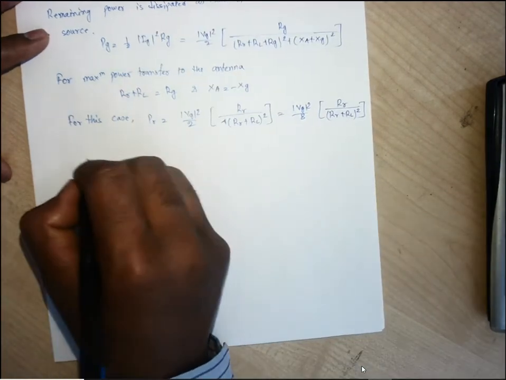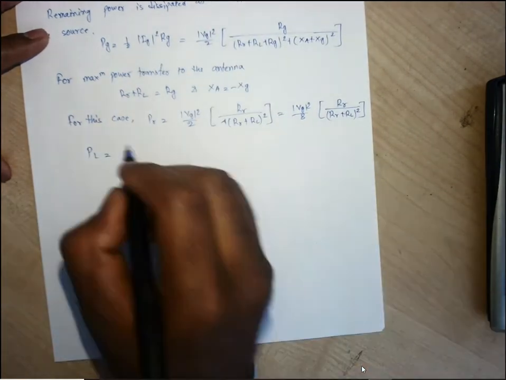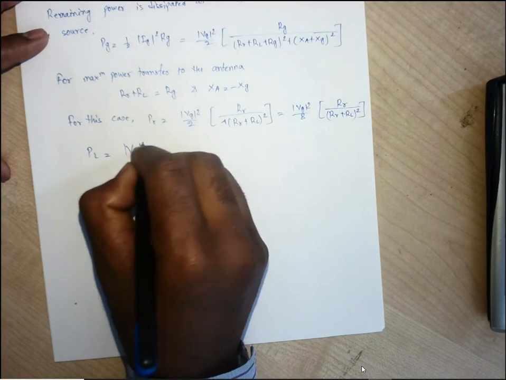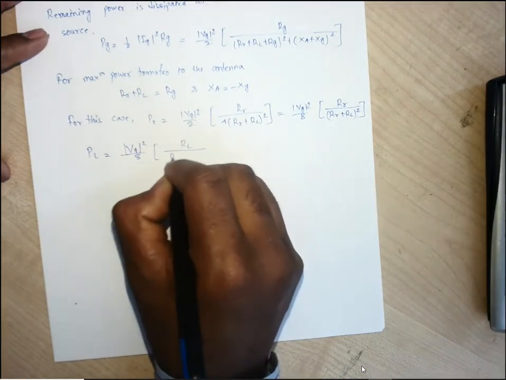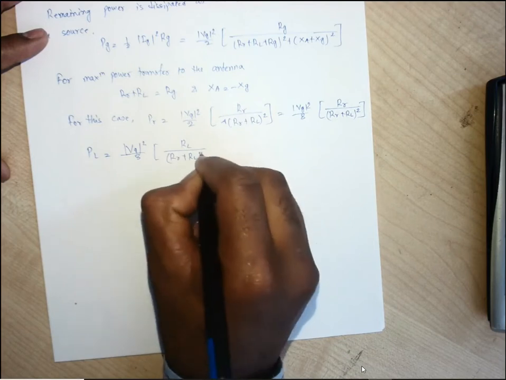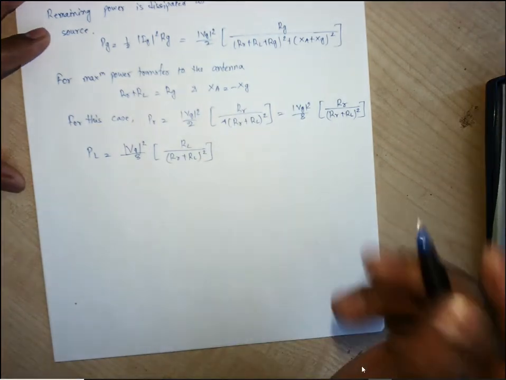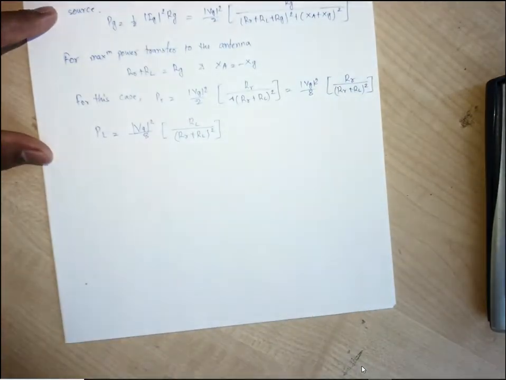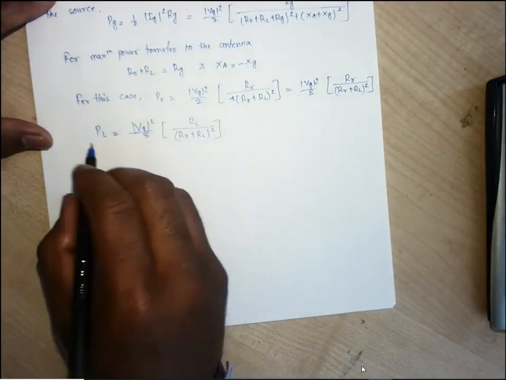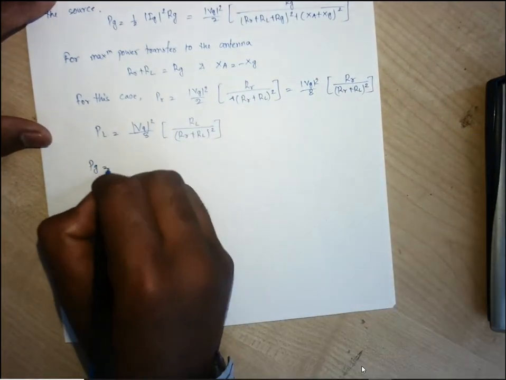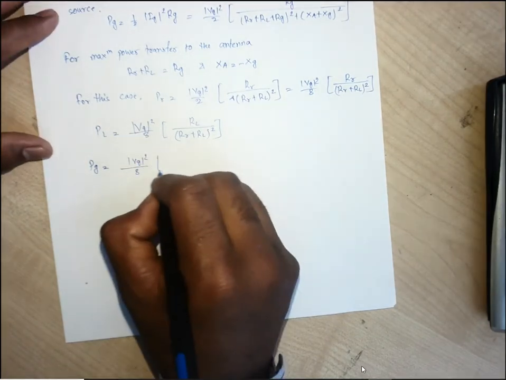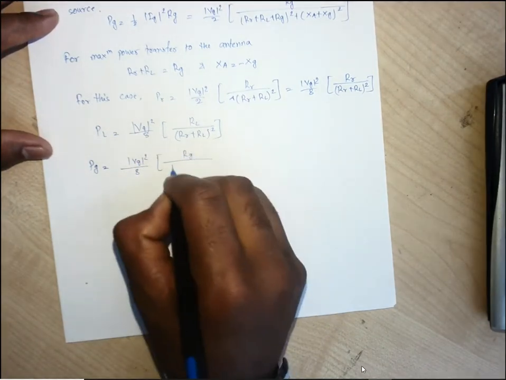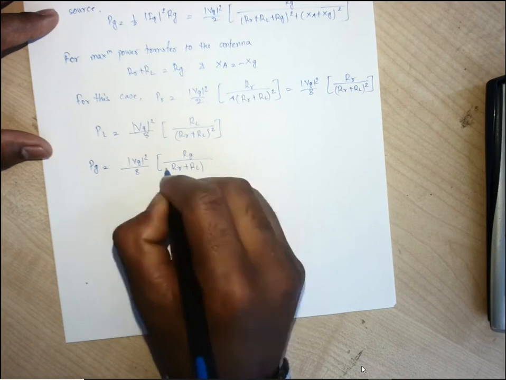Same for the loss resistance, PL will be mod of Vg square by 8 RL by RR plus RL whole square, and the power dissipated at the source, that is Pg, will be Vg square by 8 Rg by RR plus RL whole square.